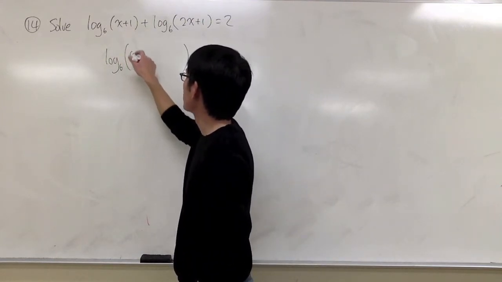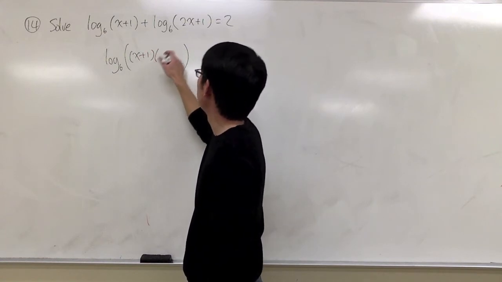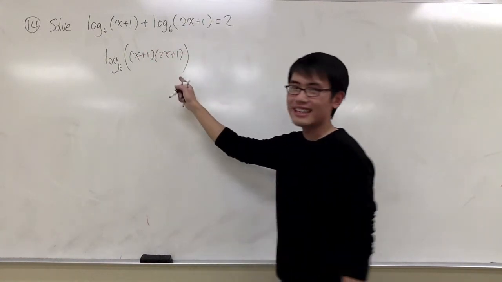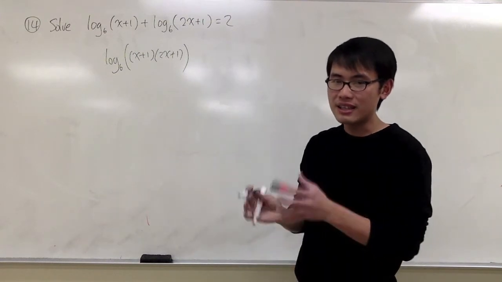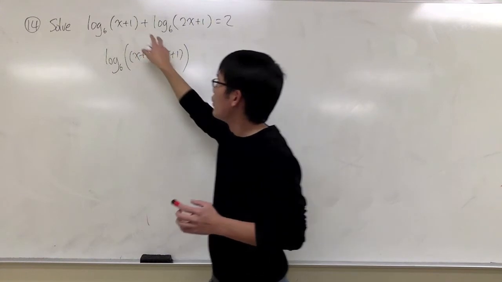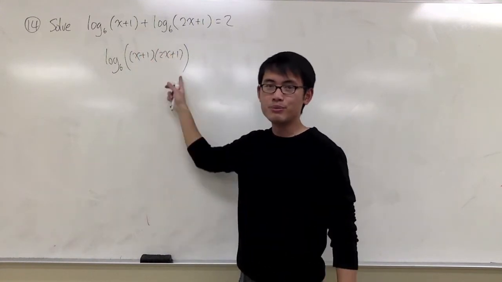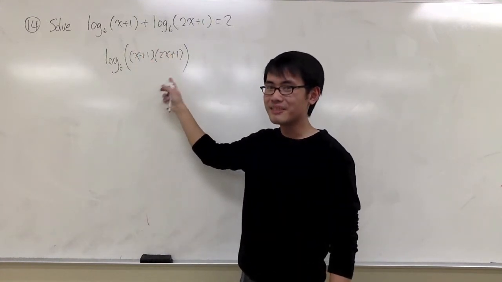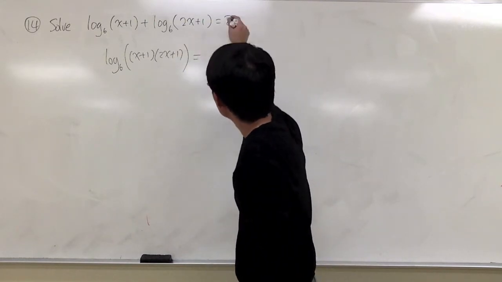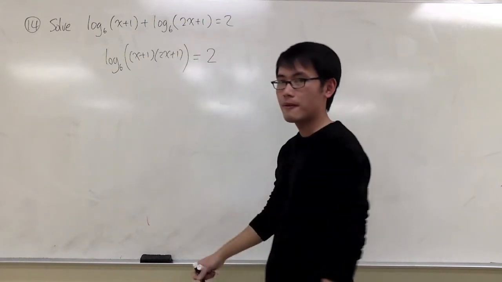So, I have x plus 1 times 2x plus 1. This is how we condense two logs if they're adding. Addition will be condensed into multiplication inside of the logs. And that equals the number 2.